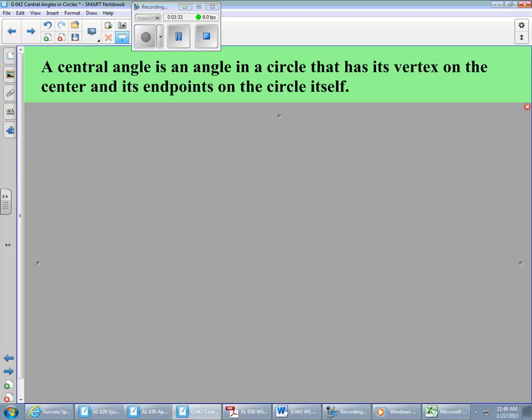A central angle. Just in layman's terms, a central angle is an angle in a circle that has its vertex on the center and its endpoints on the circle itself.